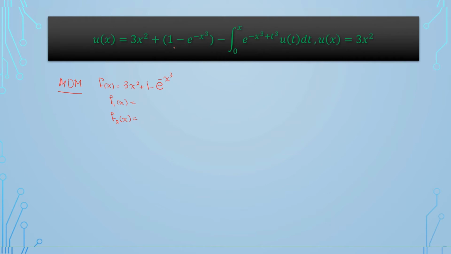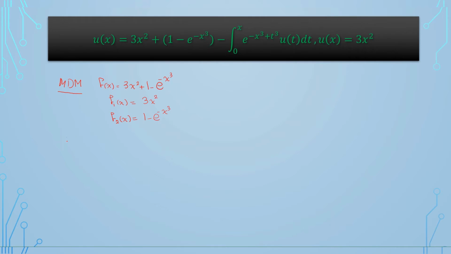So to think about it, if we take f1 of x, for example 3x squared, and plug it in here to get the value of u2. Let's try it together. f1 is 3x squared, so f2 will be 1 minus e raised to minus x cubed.